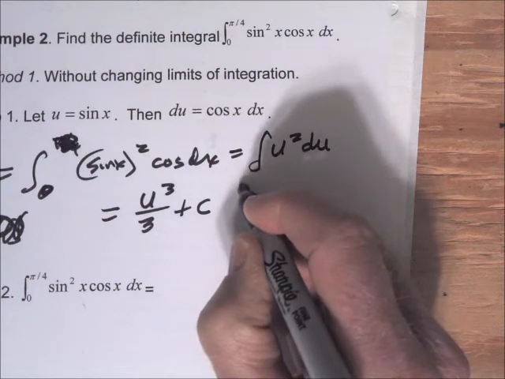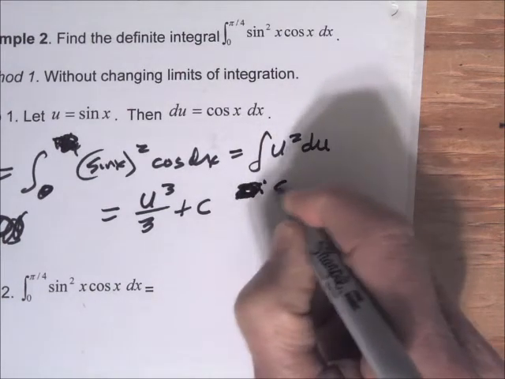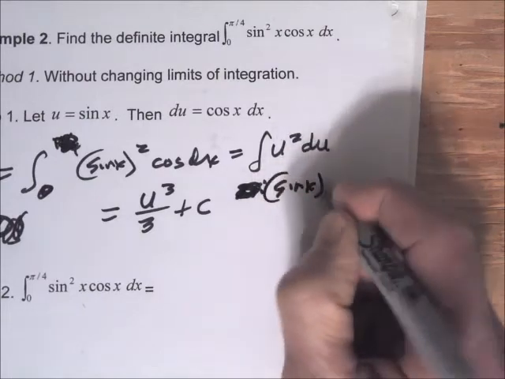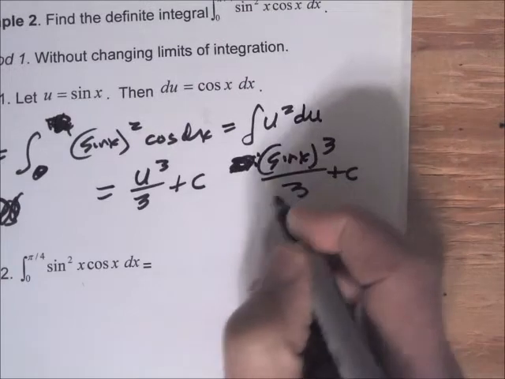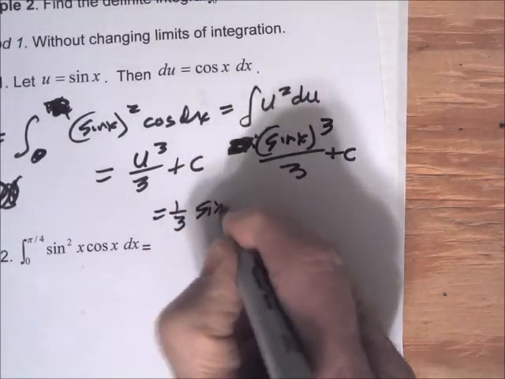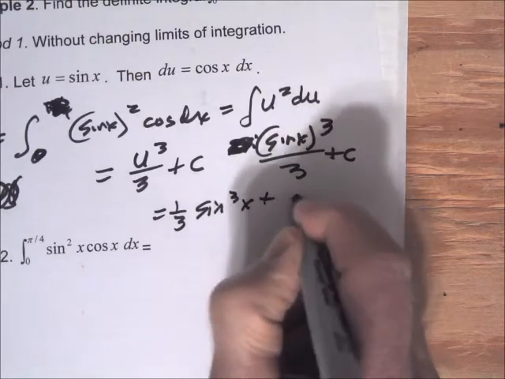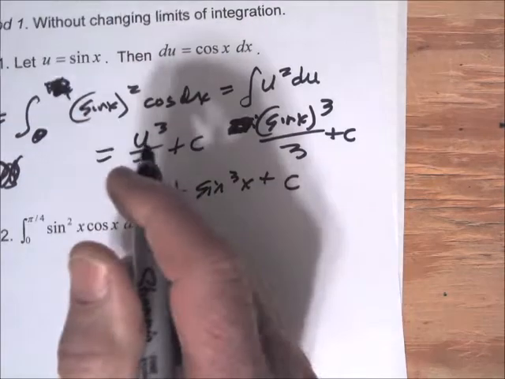Since u is sine of x, this is sine of x to the third over 3 plus a constant, or we can write this as 1/3 sine cubed x plus a constant. Okay, so that's step 1.